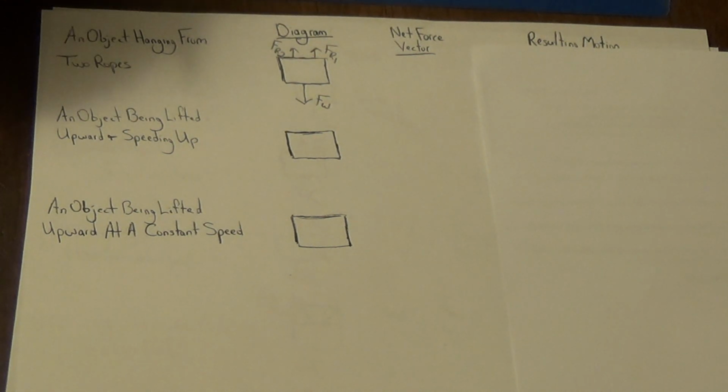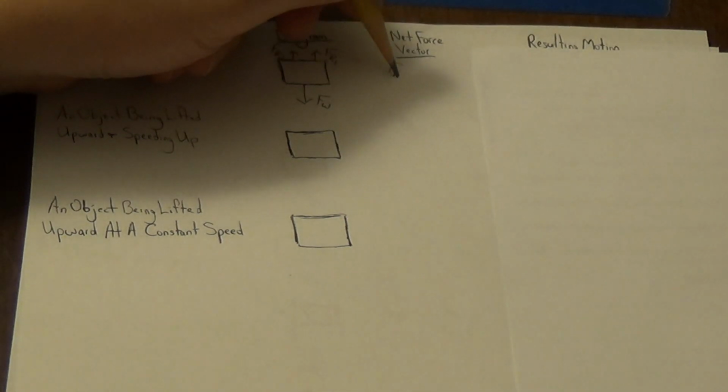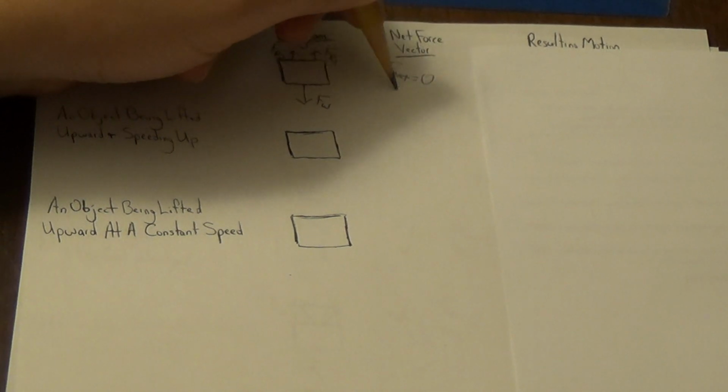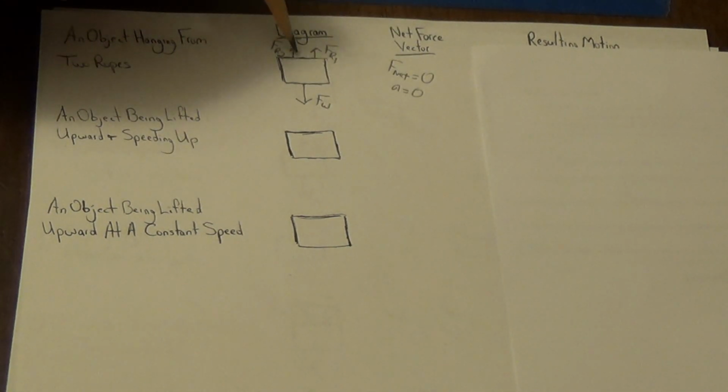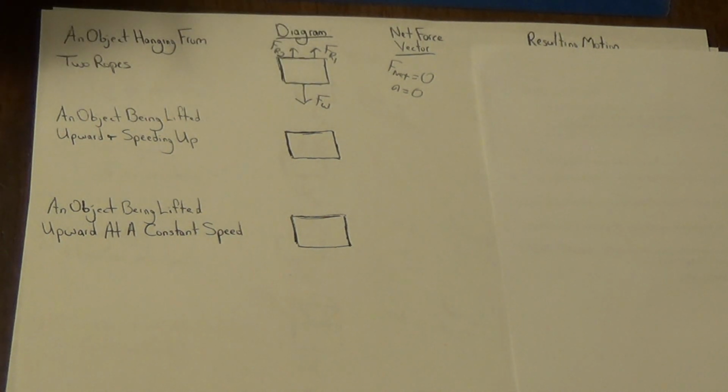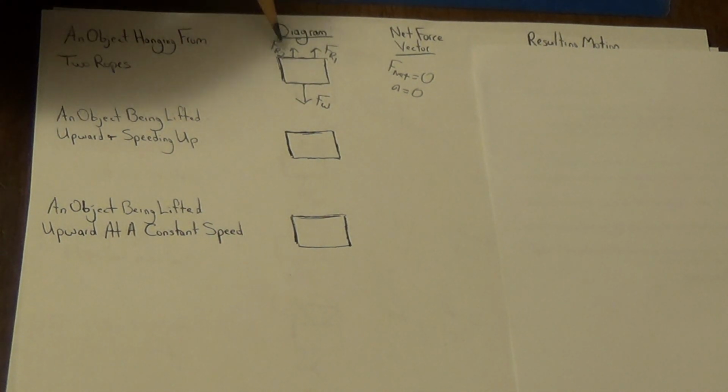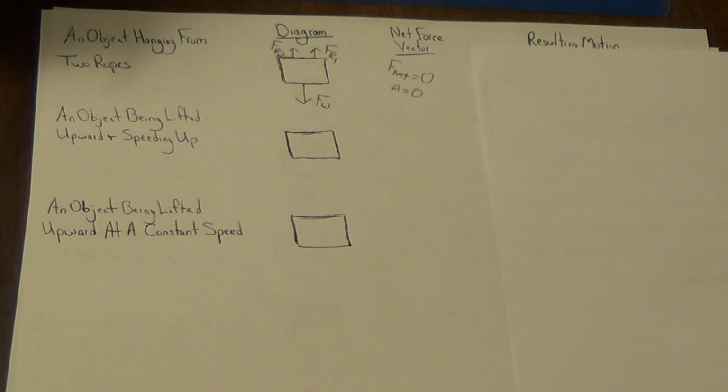Well, if an object's hanging, it's not accelerating, it's just sitting there, it's got a constant speed. The net force must be 0 because there's 0 acceleration when it hangs. So again, these two forces are going to add up to be equal to the weight. Since there's two ropes, you can divide it up into half the weight here and half the weight there, pulling up to cancel out the weight pulling down.